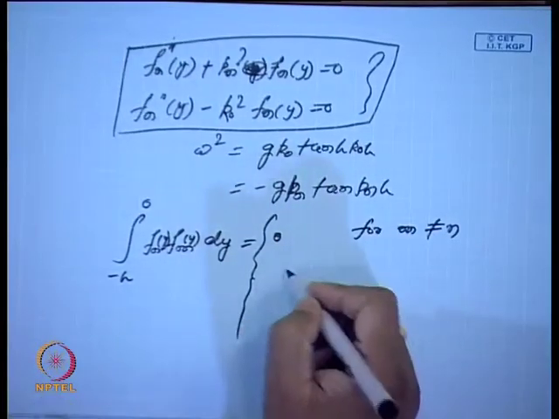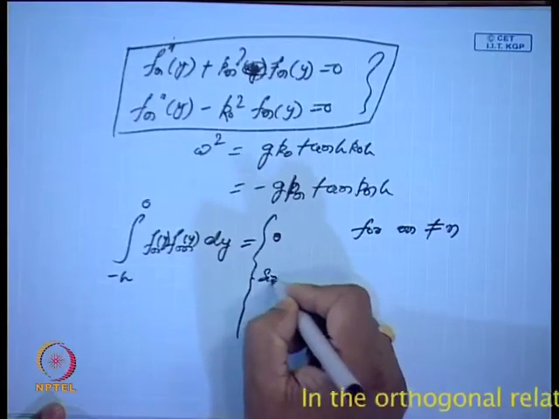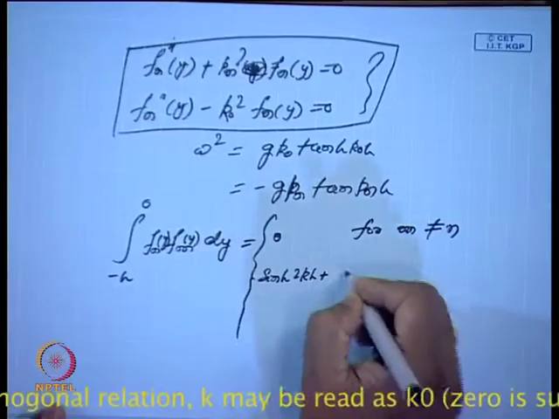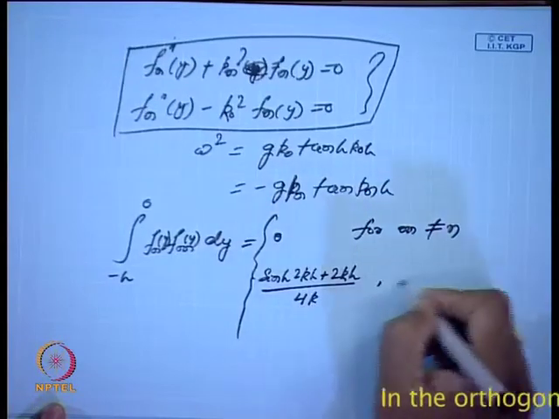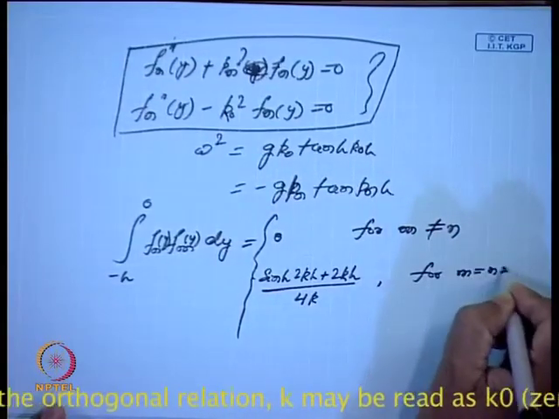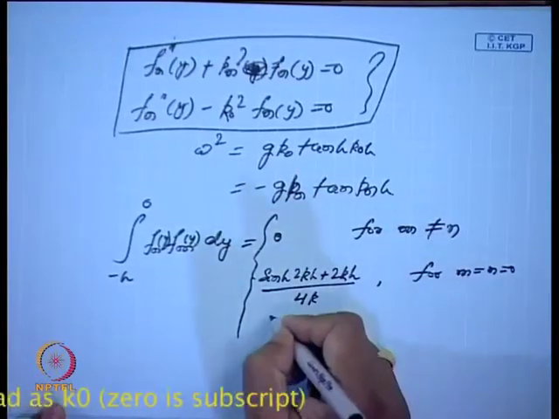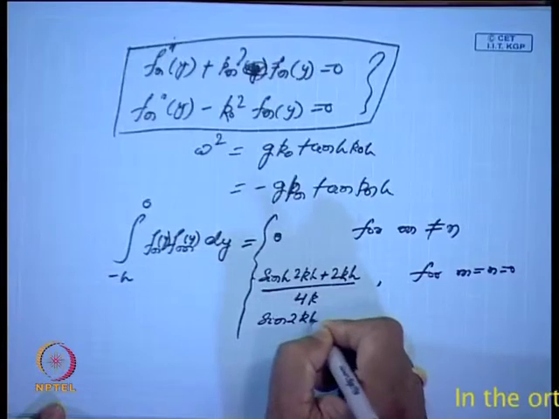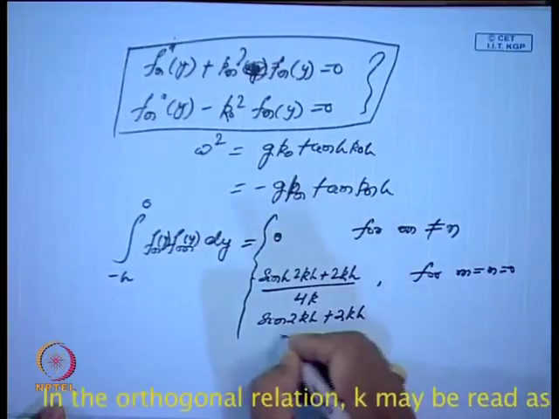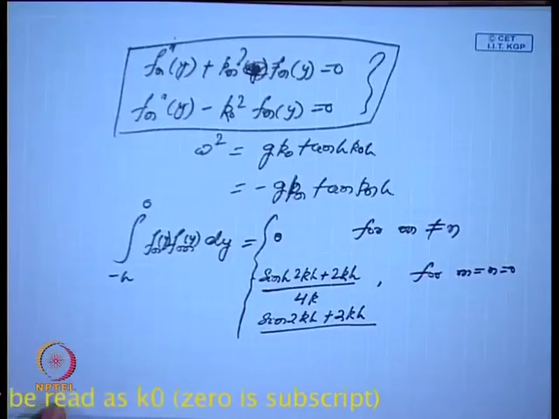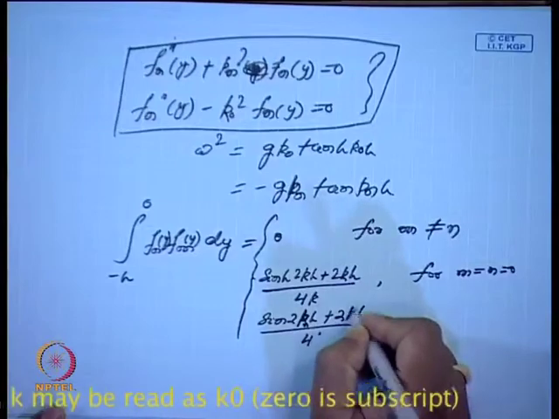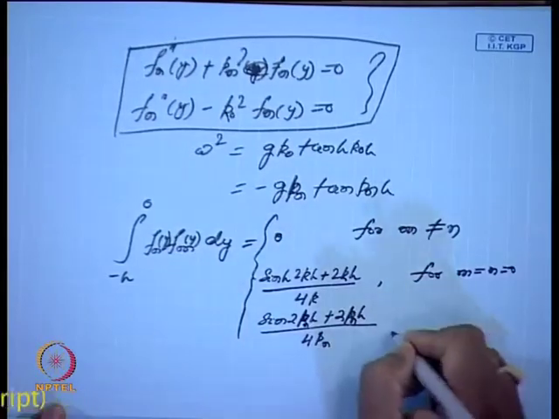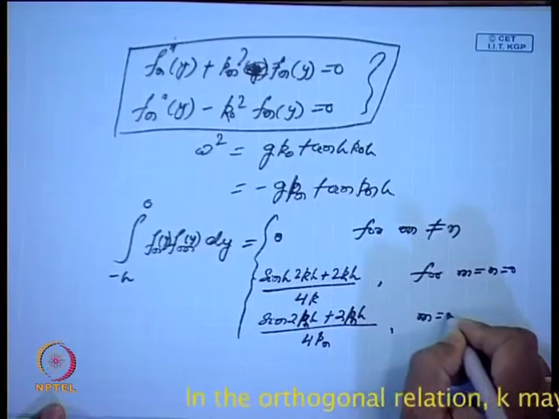Further, this is equal to sin hyperbolic 2 k h plus 2 k h by 4 k, for m equal to n equal to 0, and this is sin 2 p n h plus 2 p n h by 4 p n, for n equal to 1, 2, and so on.